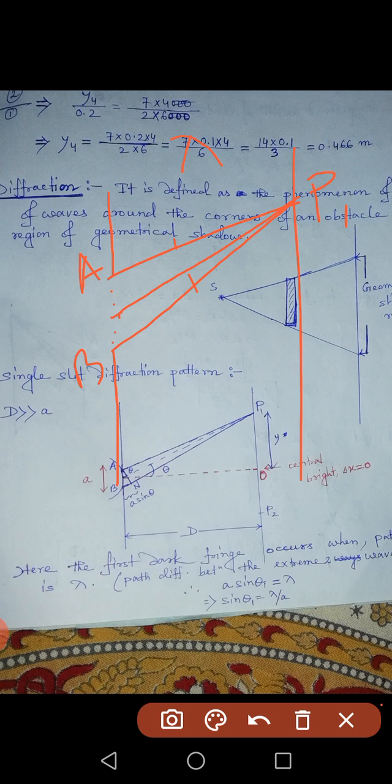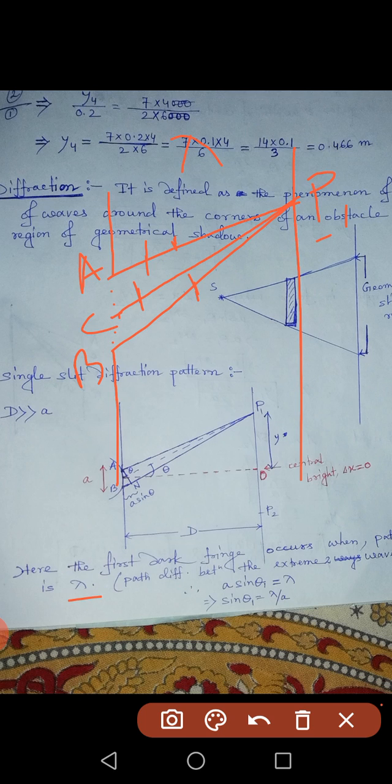Now if the path difference between this and this is lambda, what will be the path difference between this and this? Suppose it is point C, the light originating from C. Half of it, lambda by 2, because it is exactly at the middle. The path difference between A and B is lambda, that's why at P1 we are getting first dark.